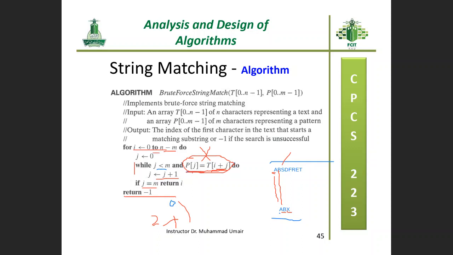When you increment i, you are actually moving the pattern one character ahead, till i becomes n minus m. As soon as i equals n minus m and you still were not successful in finding the value, it means you could not find the pattern in the text. Is it clear?